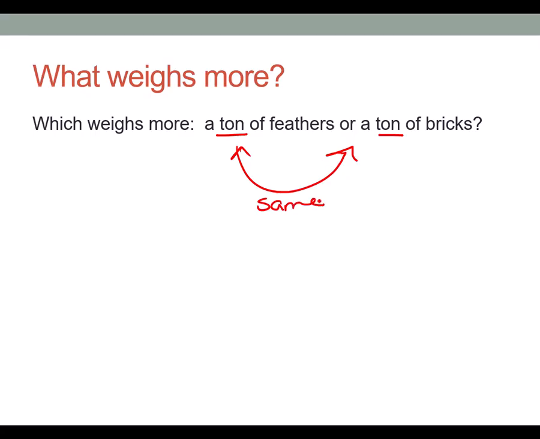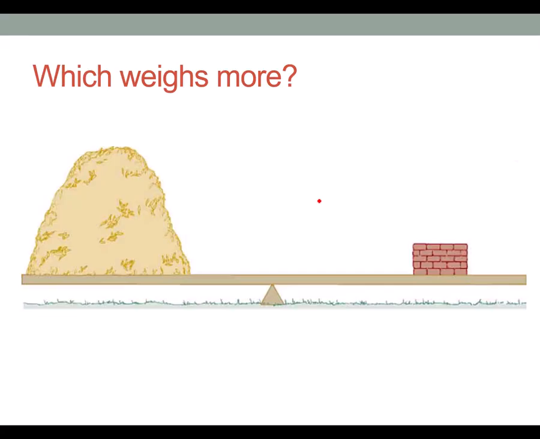But my feathers have a low density as compared to my bricks, which have a high density. And we have a ton of each, so you can see our lovely balance beam here is balanced. So our mass is the same because we have the same weight.